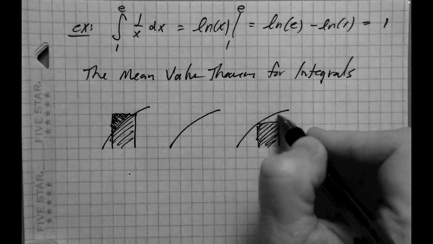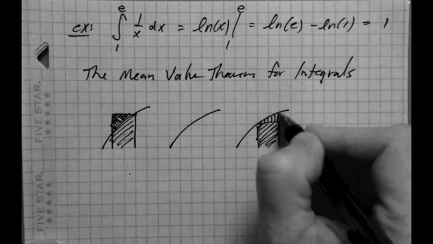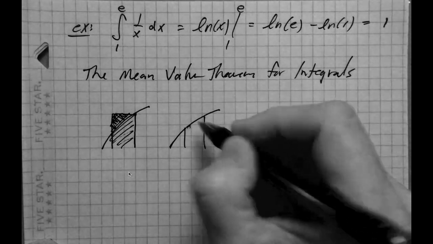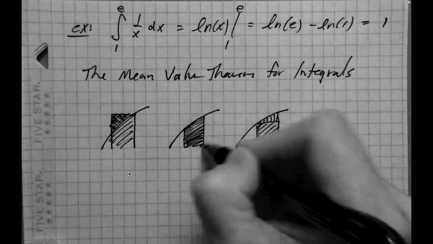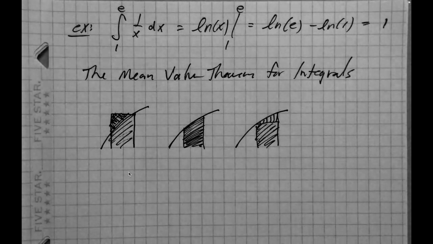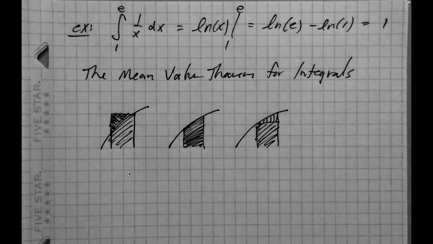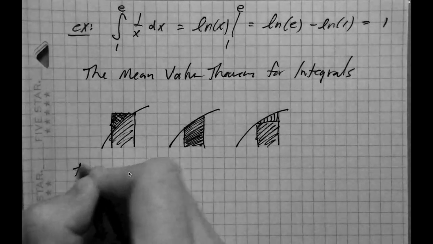In the case of the lower sum, you're missing a piece. And so the truth is kind of the middle, right? Obviously, it's between those two. It's sandwiched between those two. And so the mean value theorem is going to state this sort of truth a little more precisely. Okay. So here it is.